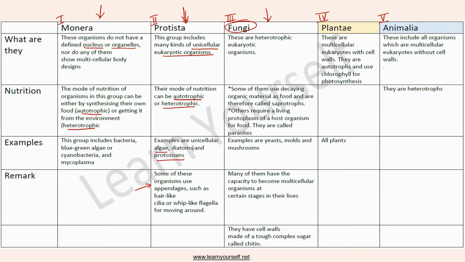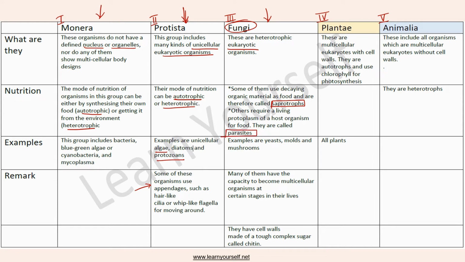Our third kingdom is Fungi. These are heterotrophic eukaryotic organisms. Some of them use decaying organic material as food and are therefore called saprotrophs. Others require the living protoplasm of a host organism for food, and they are called parasites.